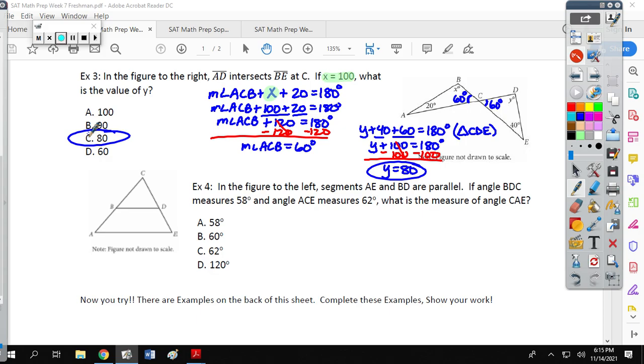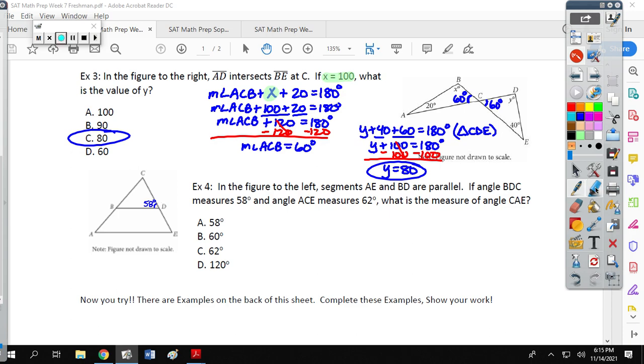Okay, finally in example 4 it says in the figure to the left, segments AE and BD are parallel. If angle BDC, that's this angle here, BDC, measures 58 degrees, so this angle here is 58 degrees.